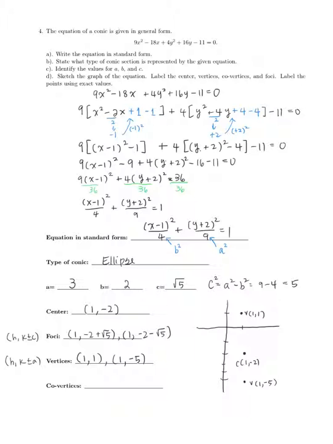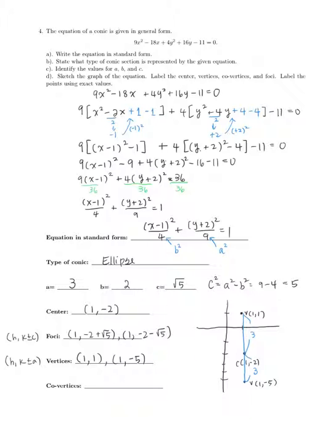Let me pretend that's a straight line, please. Notice that the distance from the center to your vertex is 3. So the distance from here to here is 3. It comes from that a value.